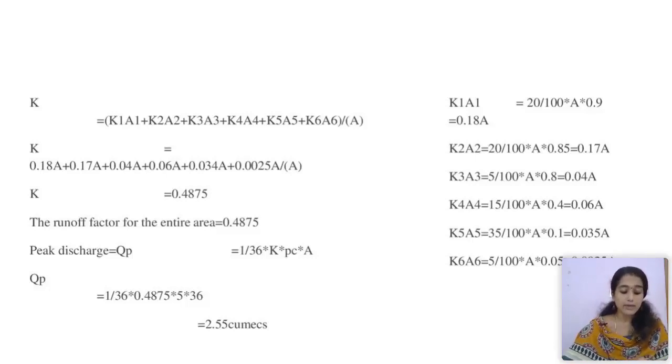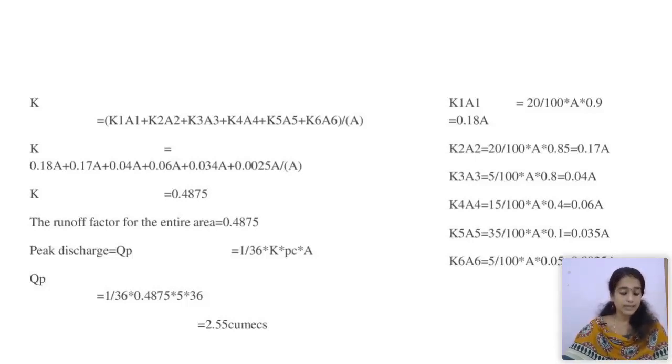Here K1A1, that is 20% of the area. We can take the total area as capital A, and 20% of capital A is for the first area, and the value for this K1 is 0.9.